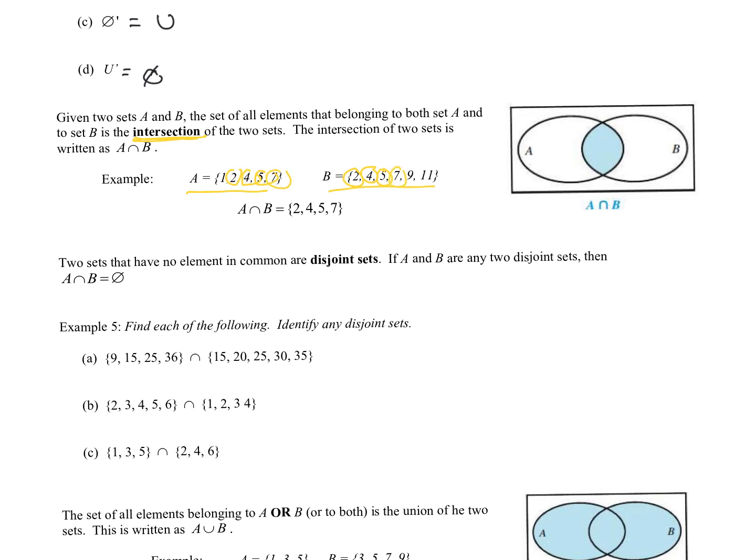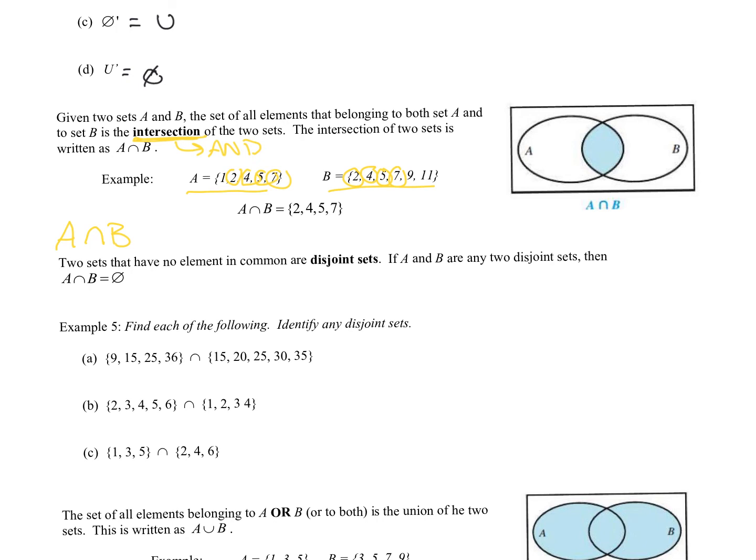To write the overlap, we write A, upside down U, B, which means A and B. Intersection means and. It means what objects are in both A and B.